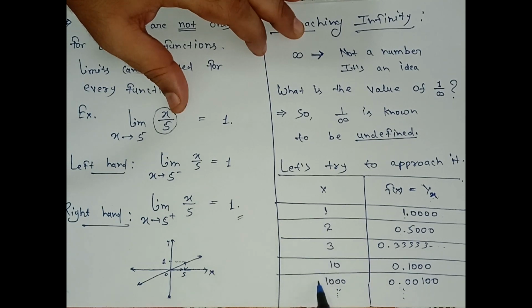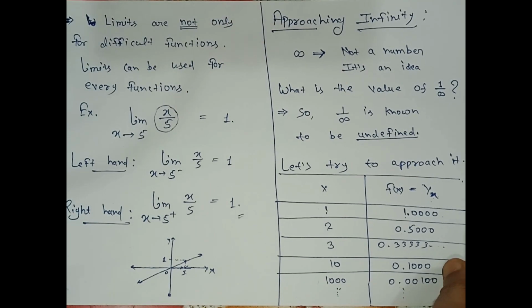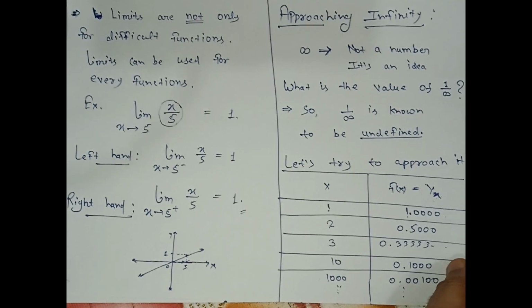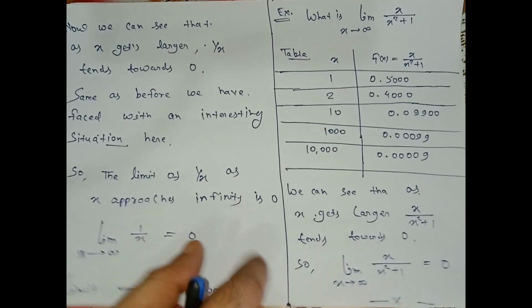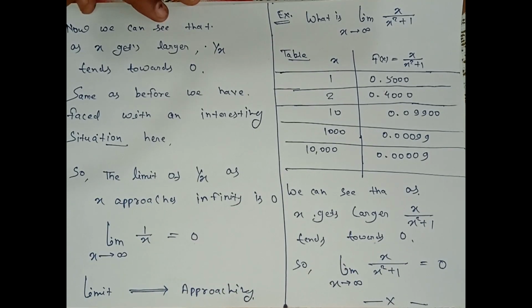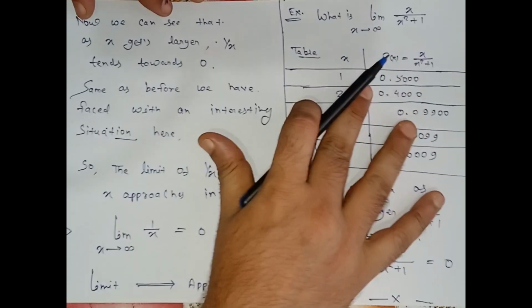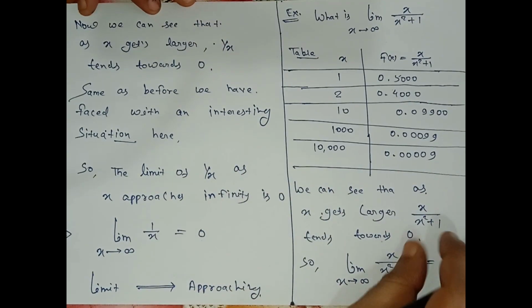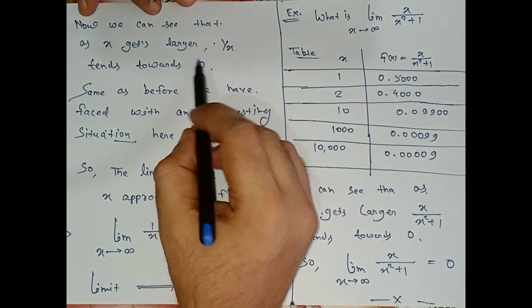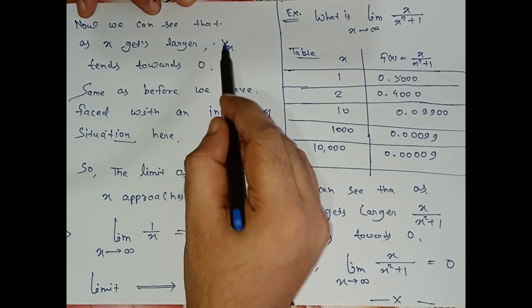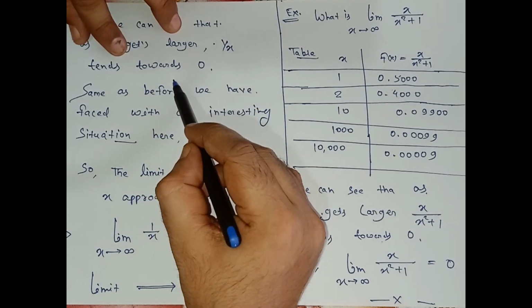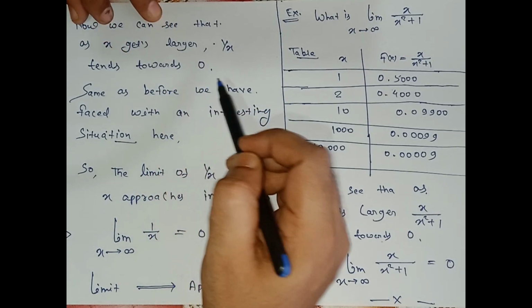As you increase the value of x, the value of f(x) keeps decreasing from 1 towards 0. Now we can see that as x gets larger, 1 upon x tends towards 0.